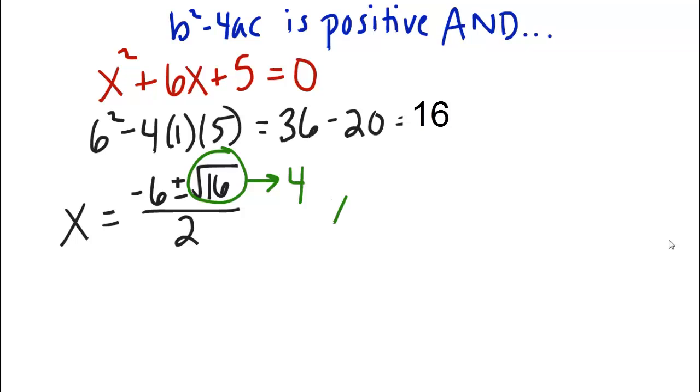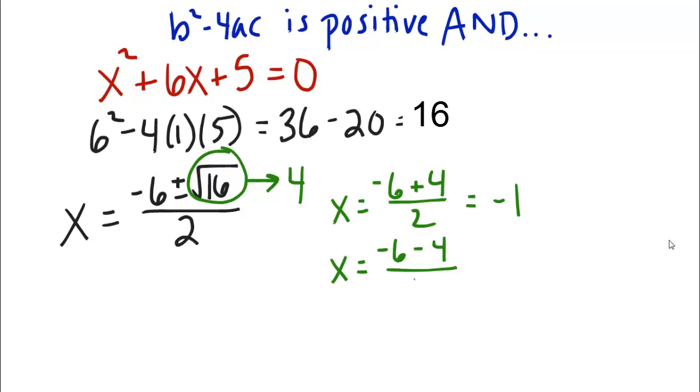So our two solutions were negative 6 plus 4 over 2, which would be negative 1, and negative 6 minus 4 over 2, which would be negative 5. Negative 6 minus 4, negative 10 over 2 is negative 5. So it turned out that if our discriminant is positive and a nice number like 16, we get two really nice solutions.